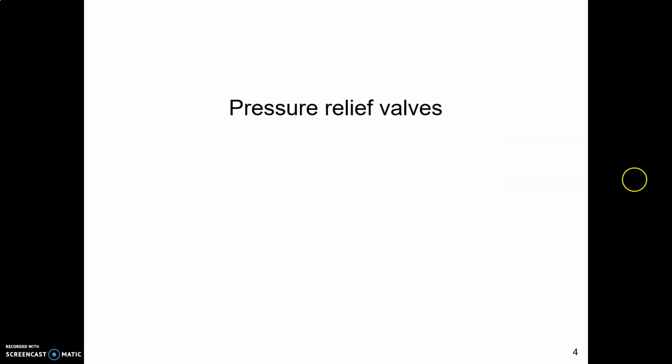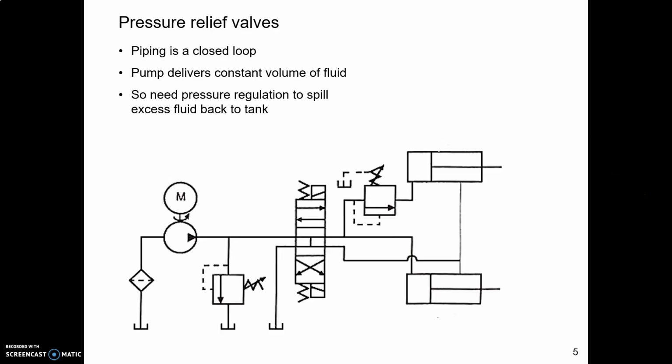A very common kind of valve is the pressure relief valve. And we need these because, and at first let me say, this is a hydraulic schematic of a system. So here's the pump. Here's the directional control valves that you looked at last time. Here are two cylinders. Anyhow, a hydraulic system is a closed loop.